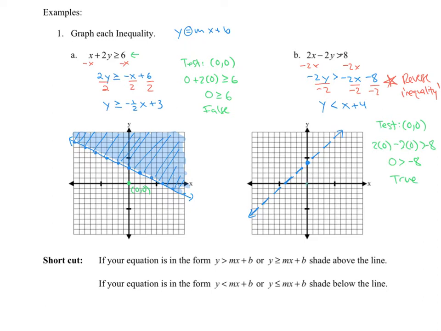So this point, 0, 0, does satisfy the inequality, which means that that point is on the side of the line that's in the solution. So I'm going to shade that side of the line this time. I shade below the line. Shading green this time.